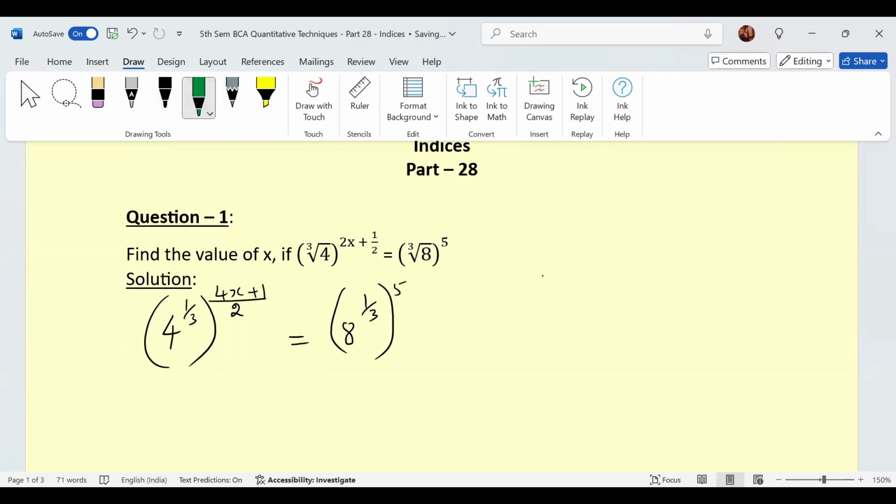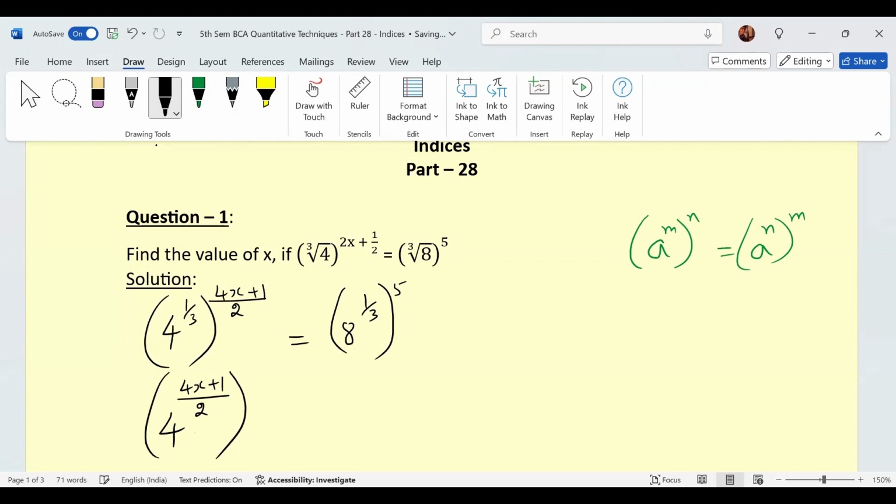Now, we know that a power m to the power of n is the same as a power n to the power of m. So on that basis, we will also reverse here. We will write this as 4 to the power of 4x plus 1 by 2 to the power of 1 by 3 is the same as 8 to the power of 5 to the power of 1 by 3.